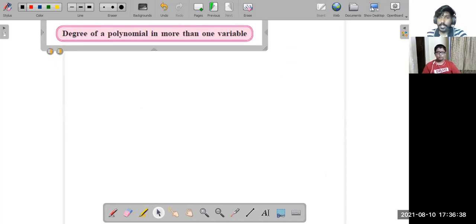Now, a polynomial can have more than one variable also. Now, we'll see how it looks.